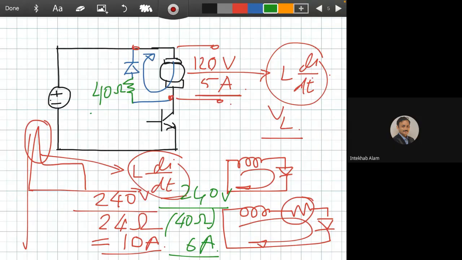What should be the watt rating or power rating of this resistance? You have to protect this resistance. If you do not, it will burn out very soon, and then the diode circuit will not work and the switch will burn out.